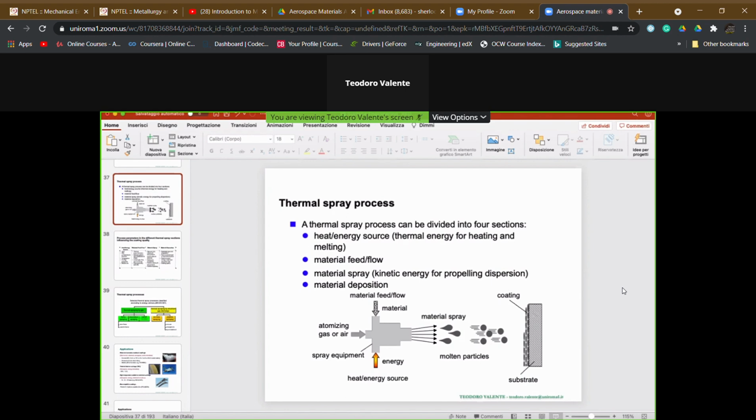We already saw last time, according to the energy source, this distinction according to the German standard: thermal spray by gas, where we have combustion processes, and thermal spray by gas discharge, where we have essentially plasma processes.